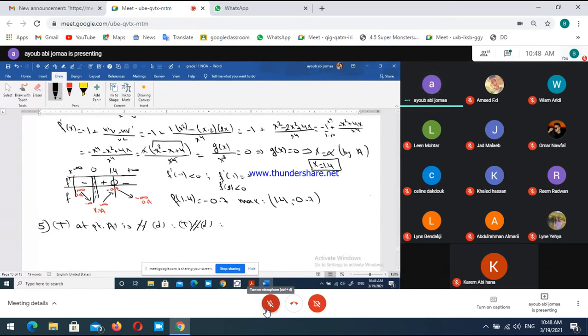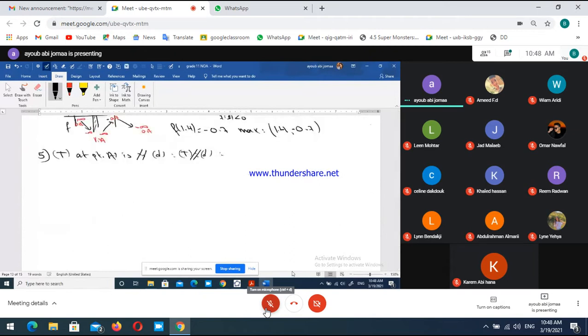First, they tell us it is parallel, so the slope of the tangent line is equal to the slope of D, equal to minus 1. The slope of D is negative 1, because straight line D has equation y equals negative x plus 1.